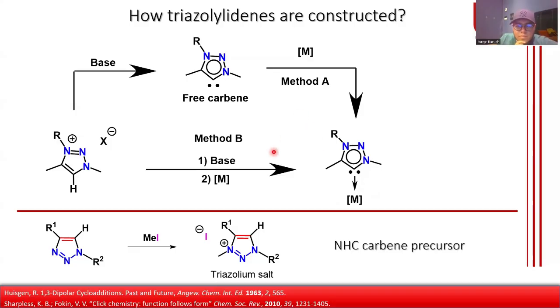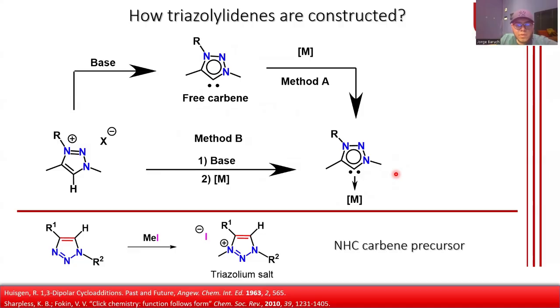This is very nice because a lot of free carbene species are not stable. In the lab of Professor Bertrand, when I was working as a student, we developed this type of methodology, and now it is being used worldwide to produce this type of complexes.